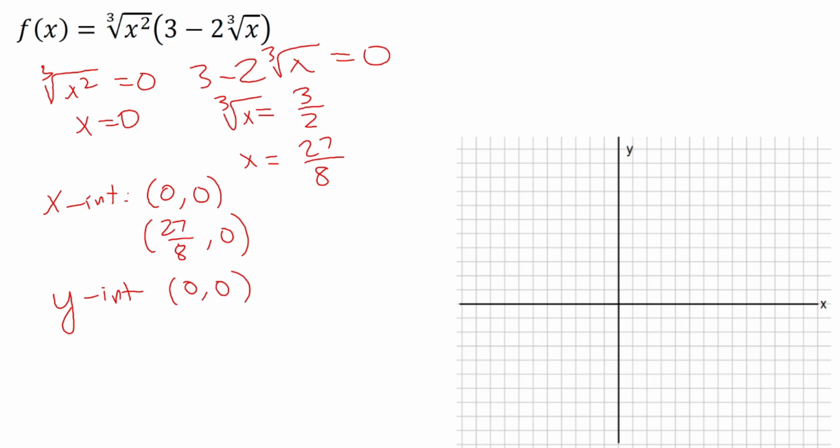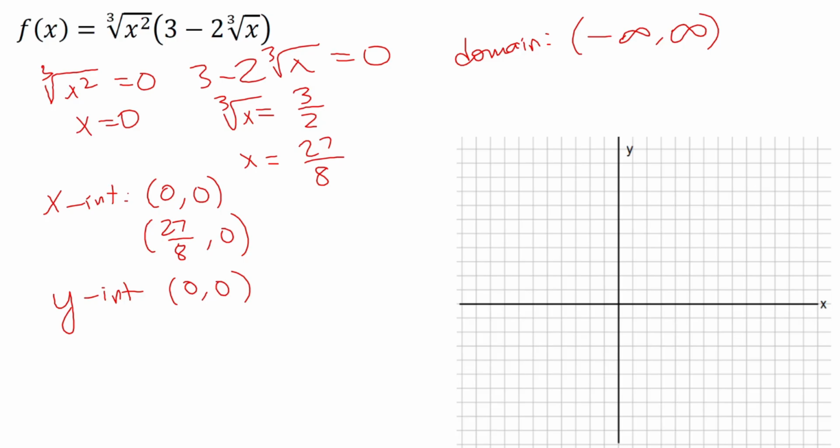Right? And we should recognize that I can plug anything into this. Our domain is going to be all real numbers. We should recognize that there's not going to be any vertical asymptotes because there's no discontinuities. And there's not going to be any slant asymptotes because this is not a rational function. We could have horizontal asymptotes.